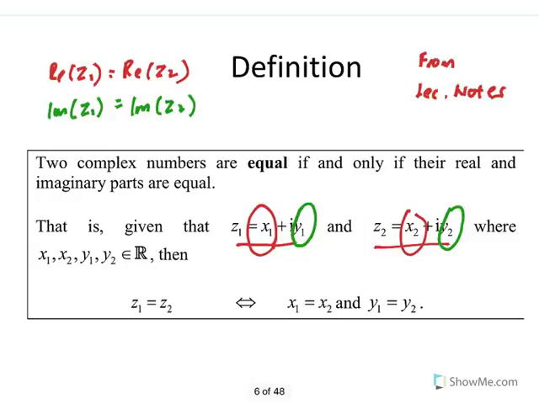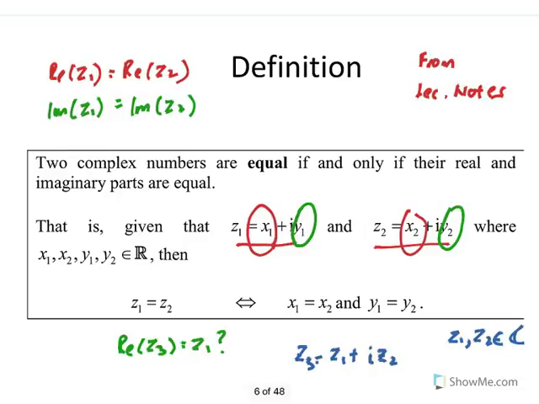One very important thing: you must make sure that X and Y in your complex numbers are real. For example, if I give you Z1 plus i of Z2, where Z1, Z2 are complex numbers, let me call this Z3. Can I say that the real part of Z3 is equal to Z1?